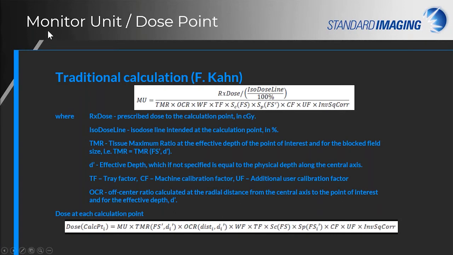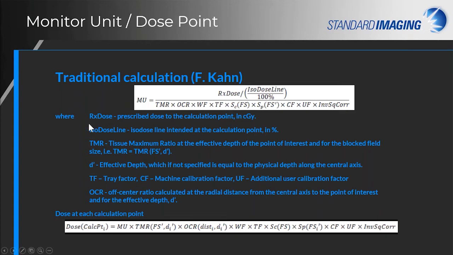So let's start with the first module, the monitor unit module, where we compute dose points. This module has behind it the traditional calculations by Dr. Kahn. And this equation should look familiar to you.